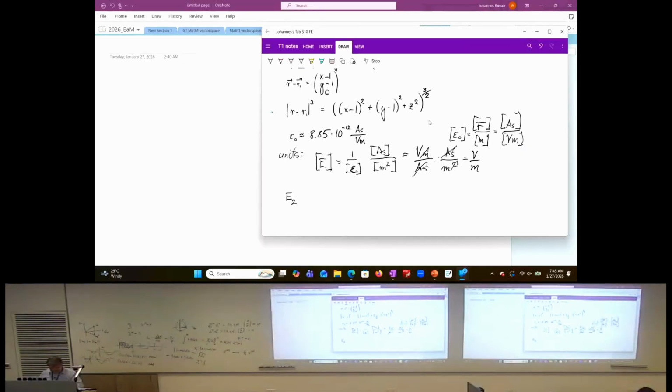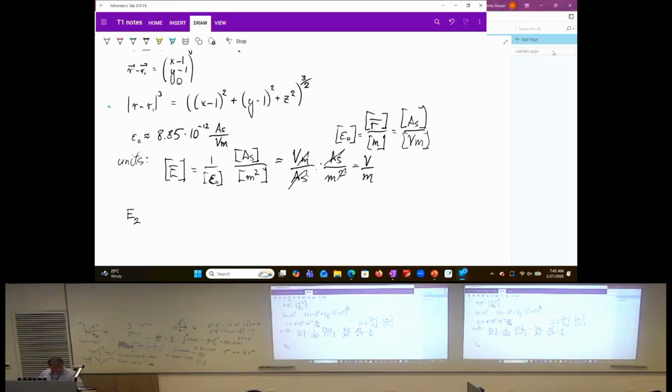the second contribution to the electric field from the second charge is E2. It's also a function of R, and it is again 1 over 4 pi epsilon naught. The charge this time is minus Q, and it is R minus R2 in the denominator, to the power of 3 times R minus R2.